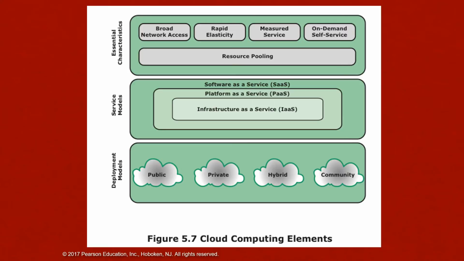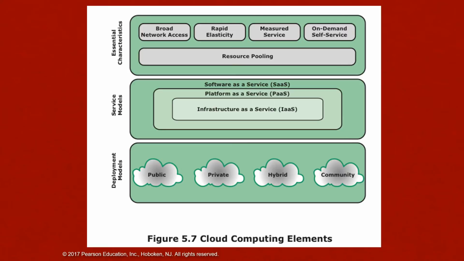Resource pooling. The provider's computing resources are pooled to serve multiple consumers using a multi-tenant model with different physical and virtual resources dynamically assigned and reassigned according to consumer demand. There is a degree of location independence in that the consumer generally has no control or knowledge of the exact location of the provided resources, but may be able to specify location at a higher level of abstraction, for example, country, state, or data center.